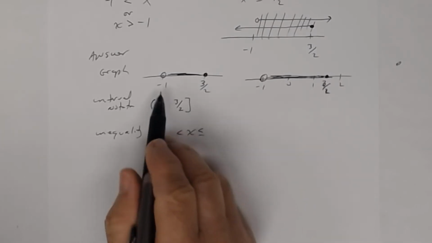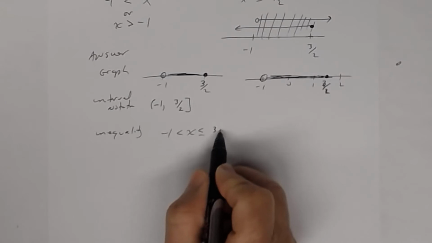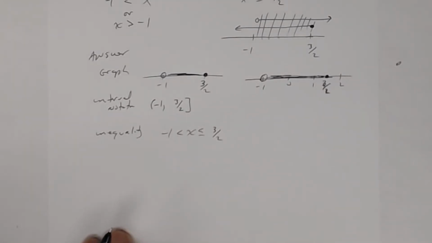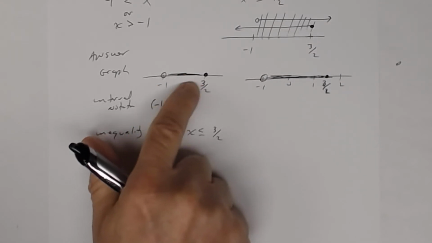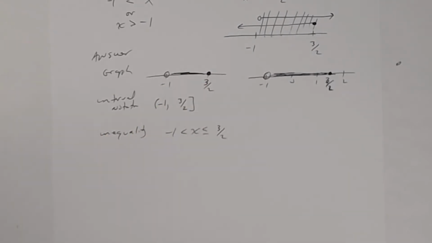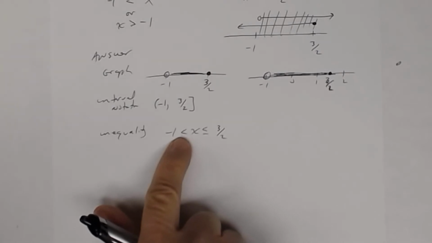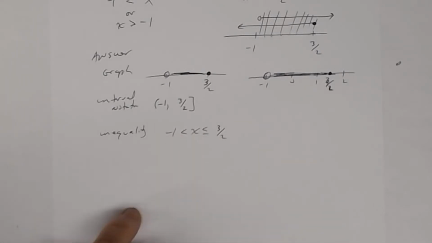So x must be greater than negative 1 and at the same time less than 3/2. Notice when you write the inequality, those symbols are pointing in the same direction.